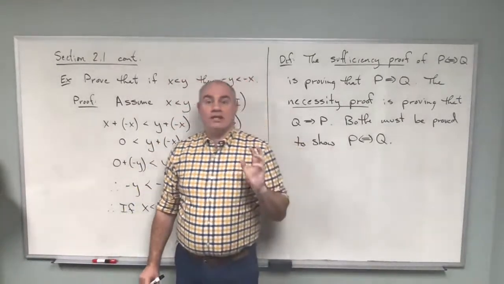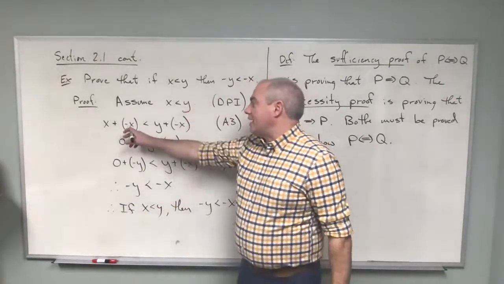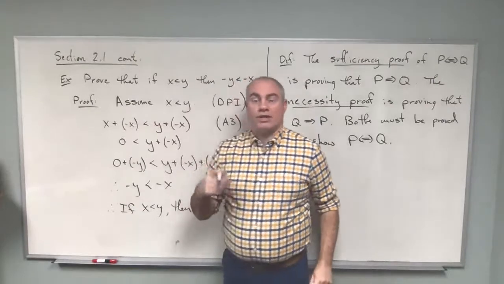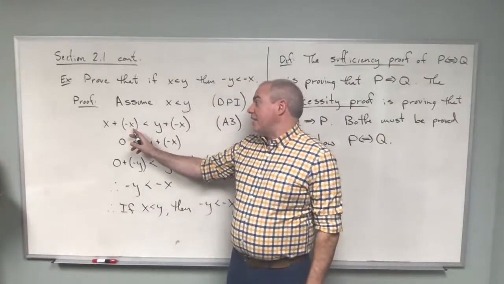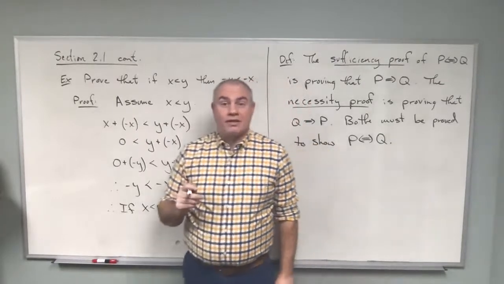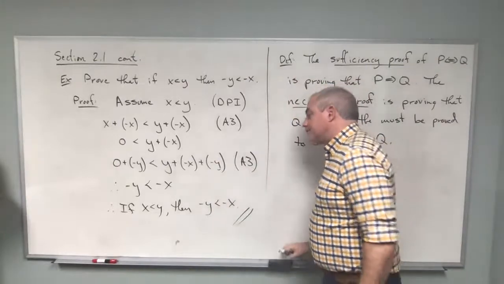But you do need to know when you make a move or a statement, like if you add a negative x to both sides of an equation, you do need to be able to say that you used an axiom to do that. So you do need to know the axioms, you just don't need to remember their numbers.